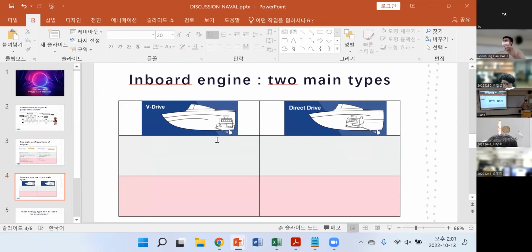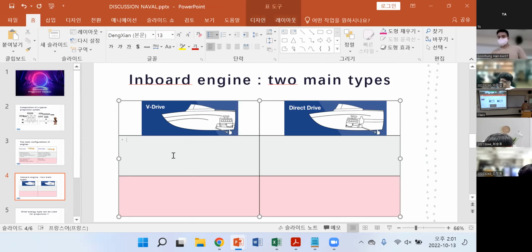It is a direct shaft, and the engine is at the middle of the boat, while the other is at the very back of the boat. Can you see maybe some pros and cons? Maybe you can try to find more specific problems. Yeah, for the V-drive, I guess.